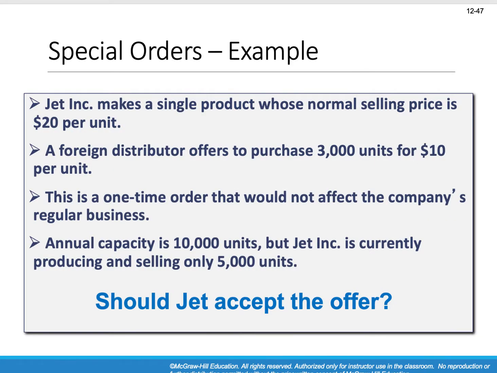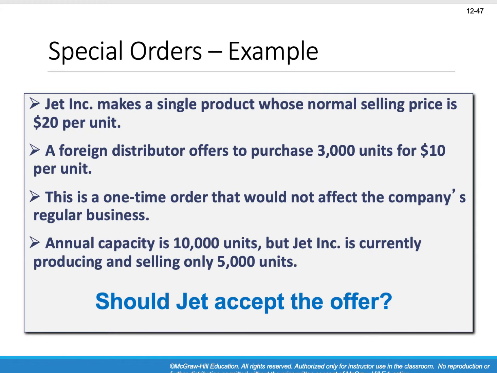Jet Incorporated makes a single product which normally sells for $20 per unit. A foreign distributor offers to purchase 3,000 units for $10 per unit. It's a one-time order. It would not affect our regular business. The annual capacity is 10,000 units.